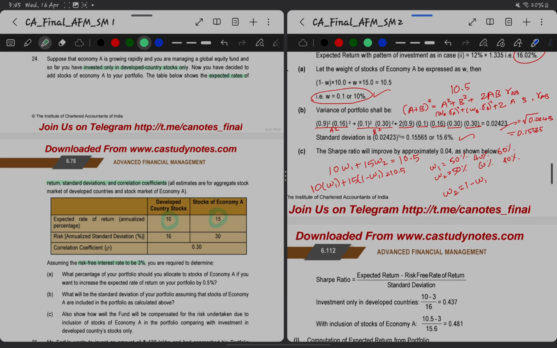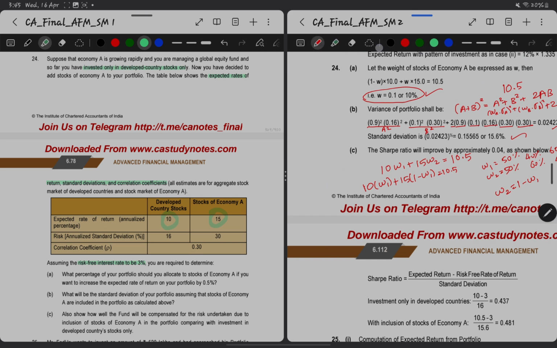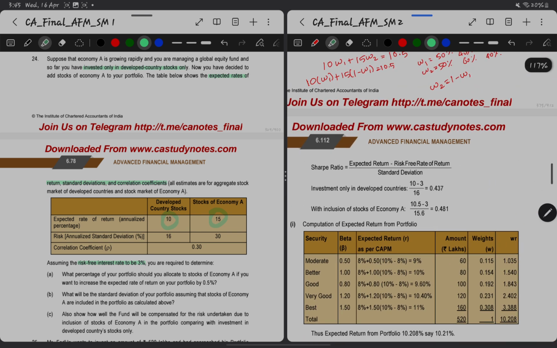We can find that out by using Sharpe's ratio, which is nothing but the expected return of the portfolio minus the risk-free return divided by standard deviation.